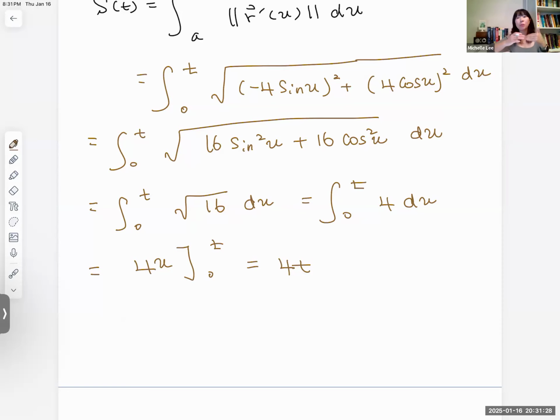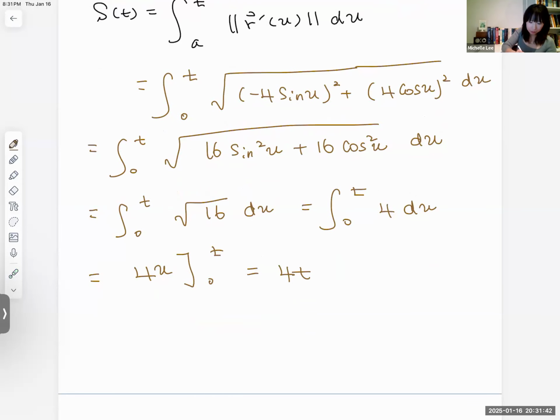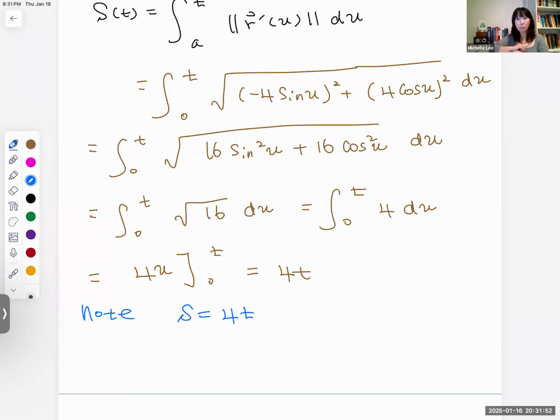Okay, so we are going to make a parameterization. So let's set s equal to 4t. Then solve for t. That will be t equal to s over 4.